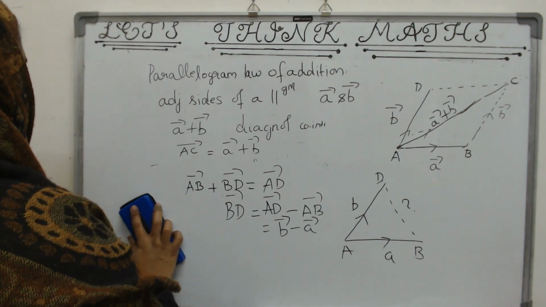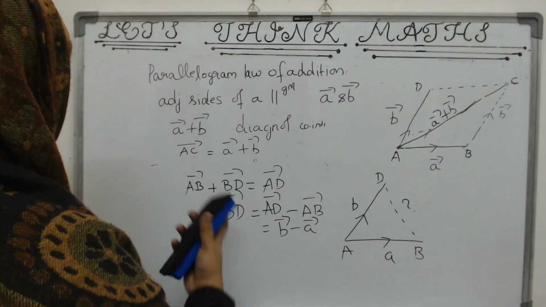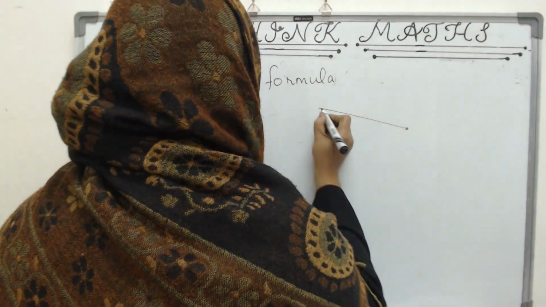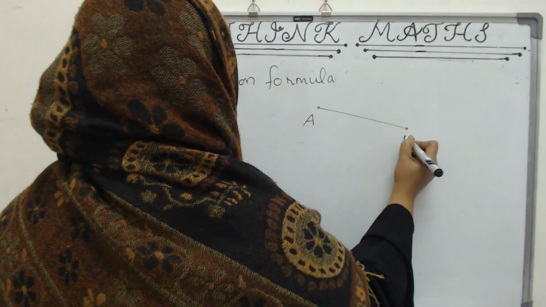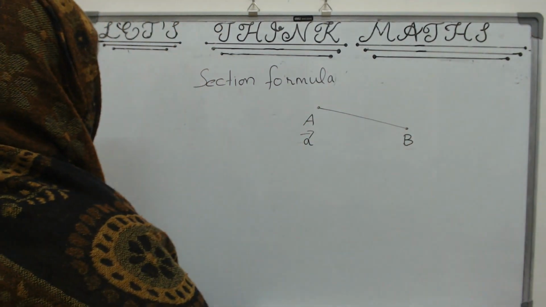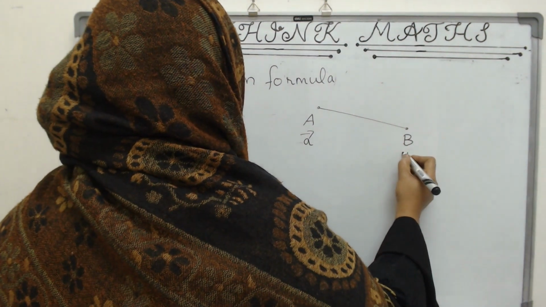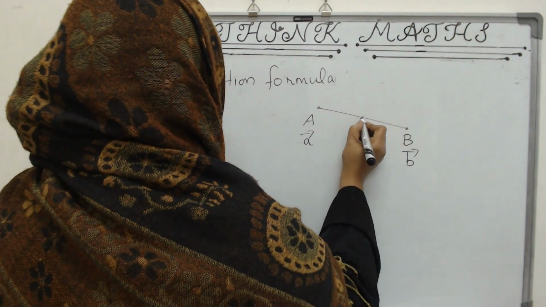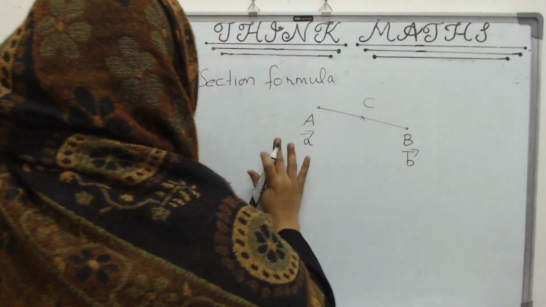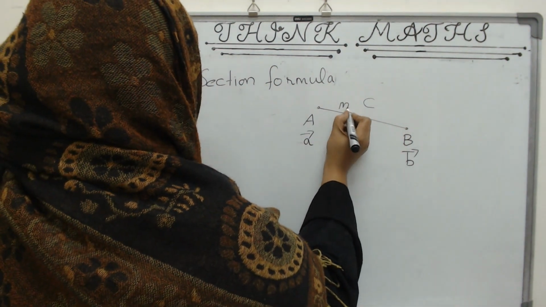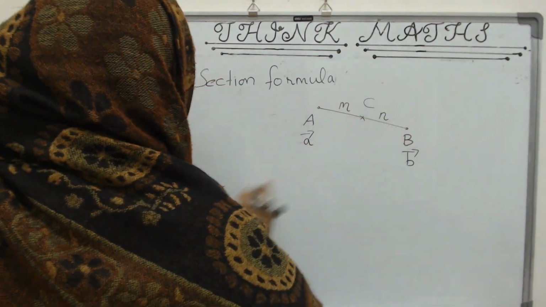So this brings us to something called the section formula. We will see what it is. Suppose you have a vector, a displacement vector AB. This is the position vector of A. This is the position vector of B. And then suppose there is a point C which divides AB internally in a ratio m is to n.